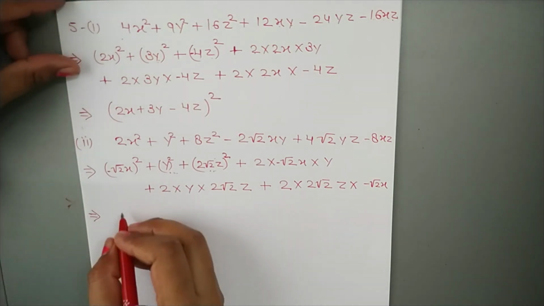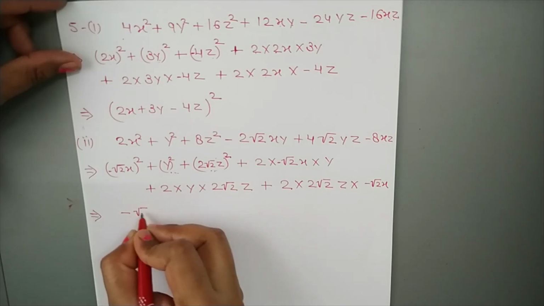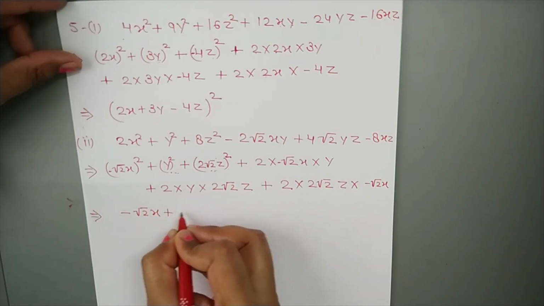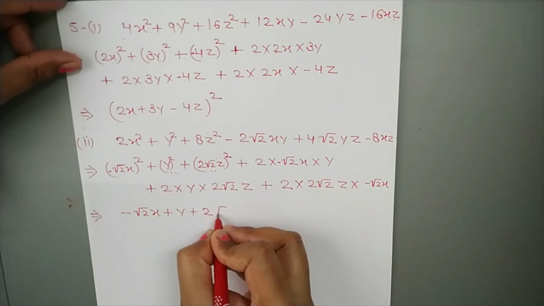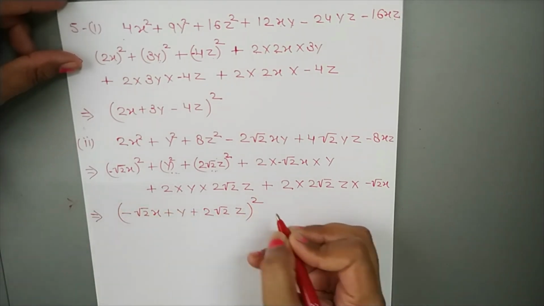So it will be minus root 2x plus y plus 2 root 2z whole square.